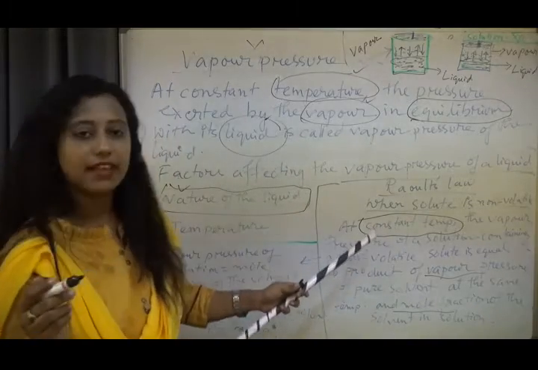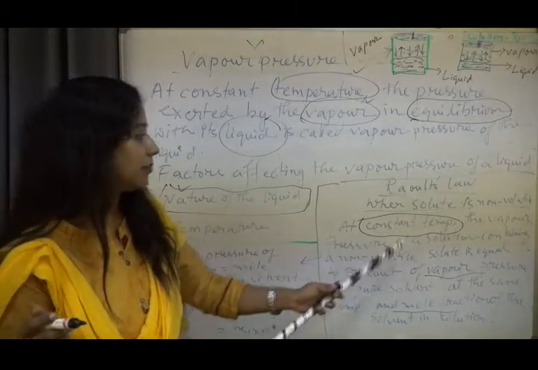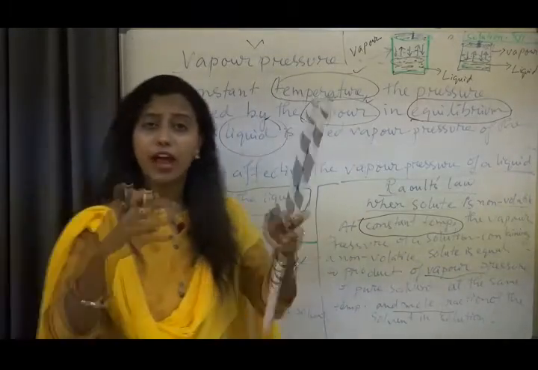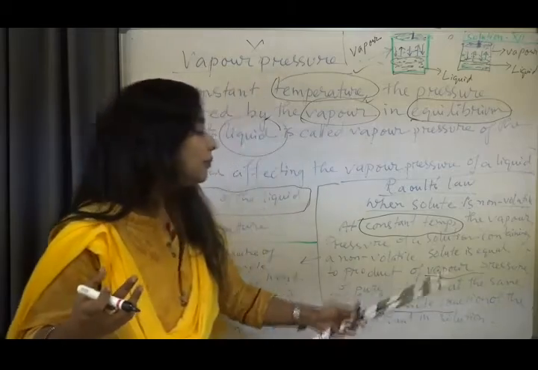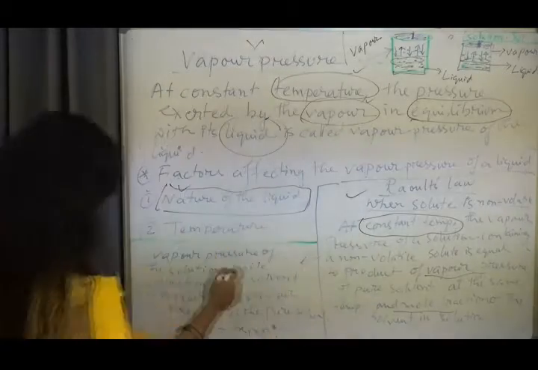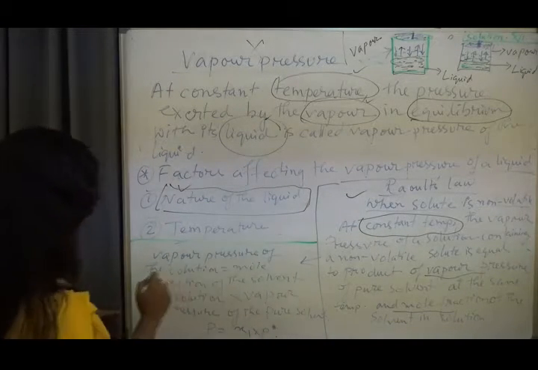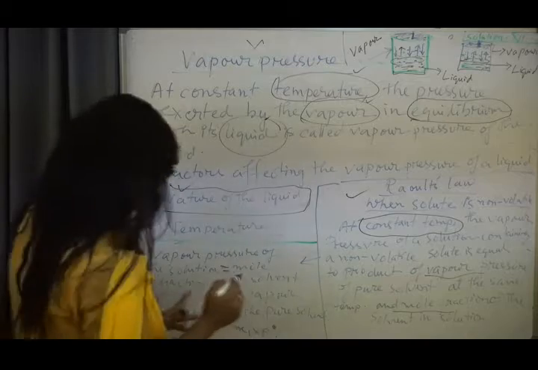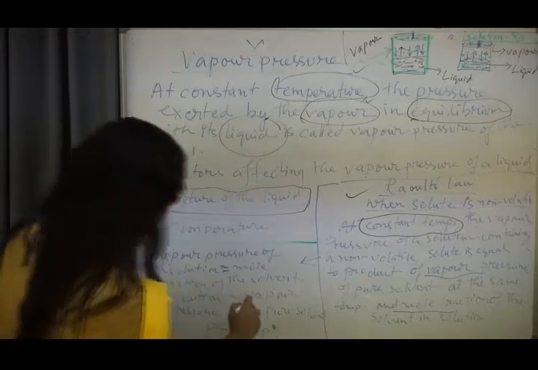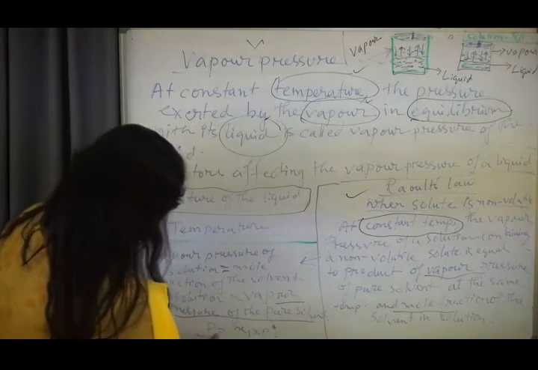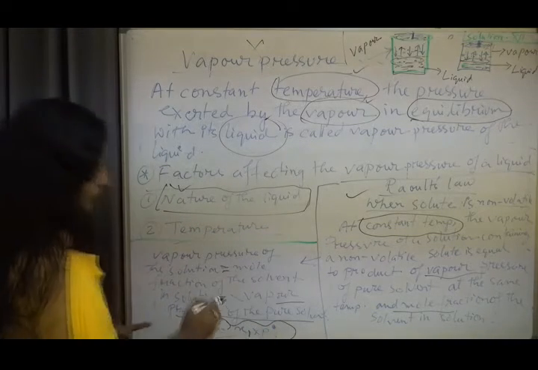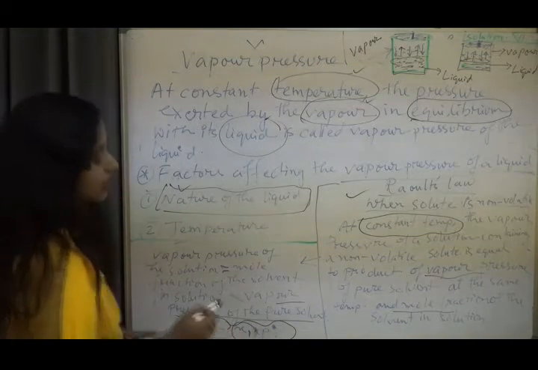So Raoult's law states that at constant temperature, the vapor pressure of the solution containing a non-volatile solute is equal to the product of the vapor pressure of the pure solvent and the mole fraction, that is, P equals x1 into P0. Here x1 is the mole fraction of the solvent.